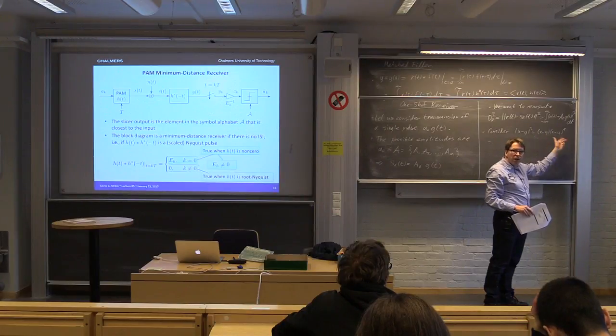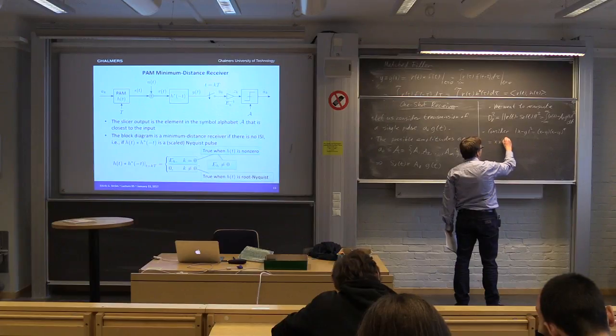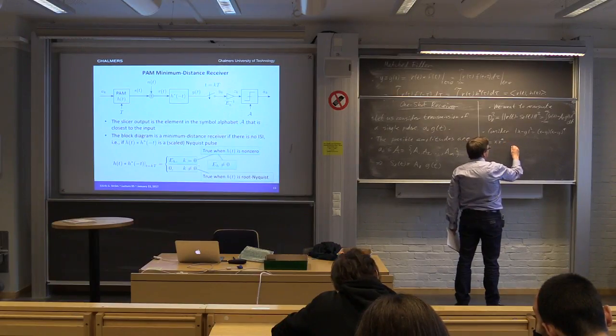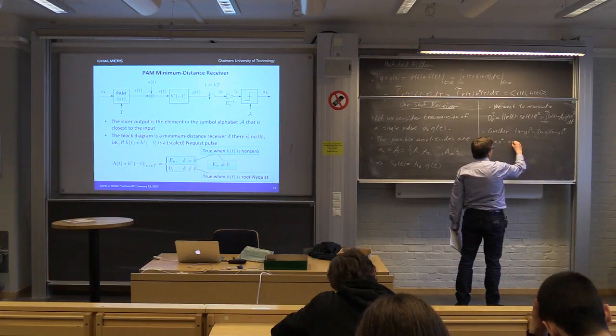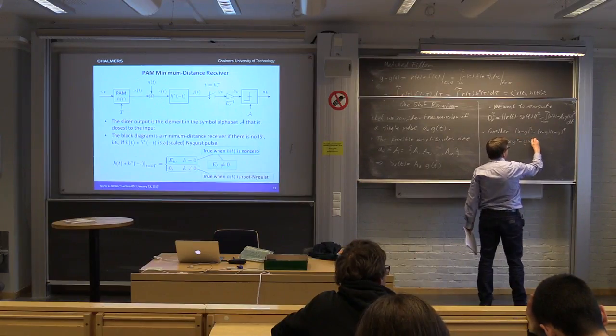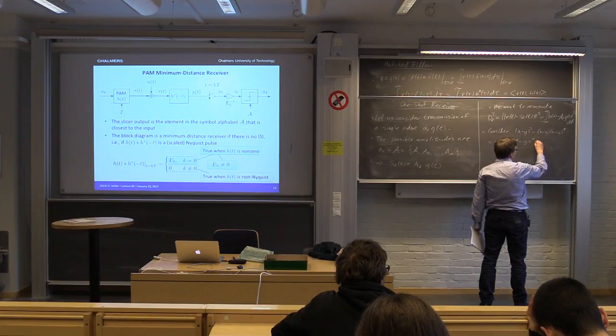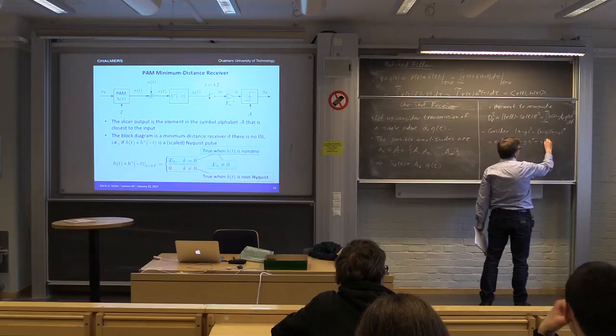And then we multiply everything together, and we get x times x conjugate, minus x y conjugate, minus y x conjugate, plus y times y conjugate.